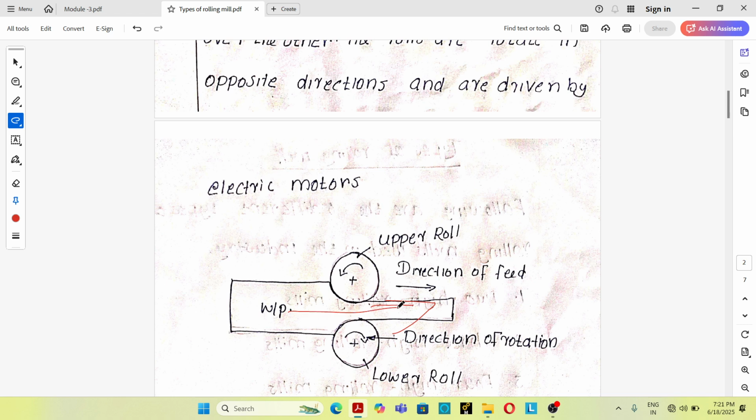The workpiece will always be fed in one direction only. After completing one pass, if we want any more passes, the workpiece will be brought back to the same side. Okay.